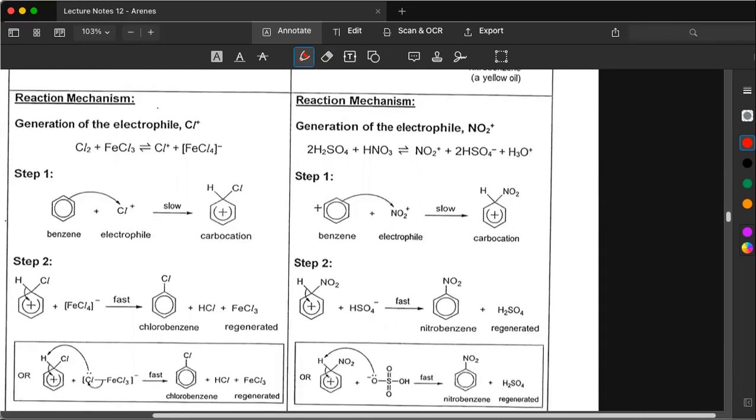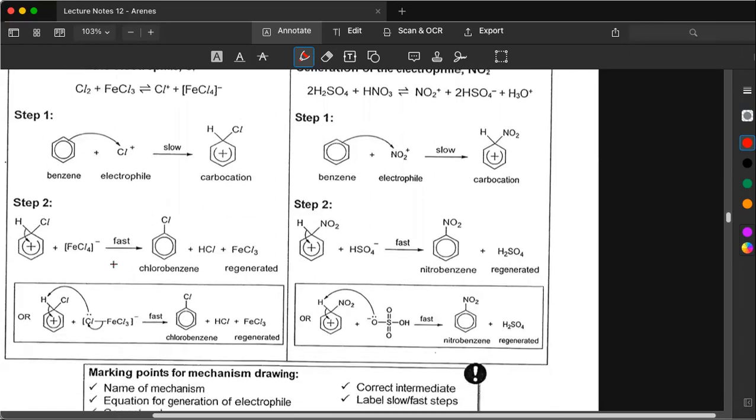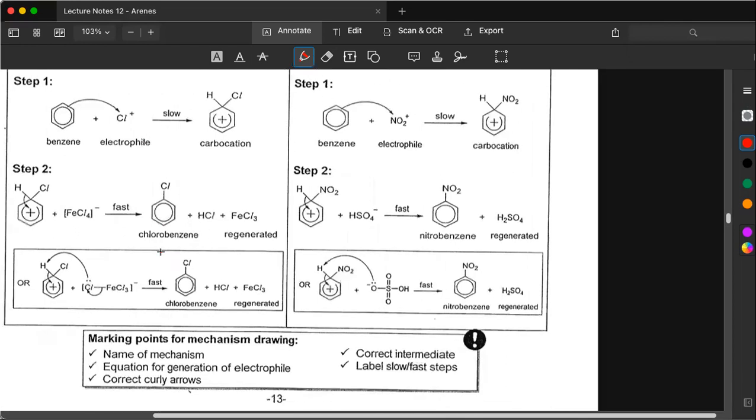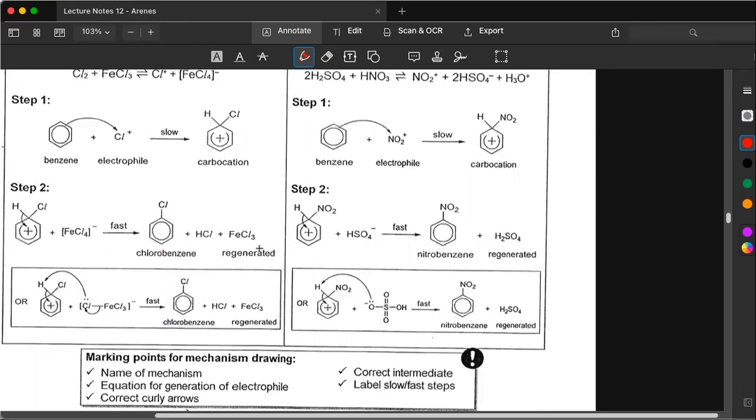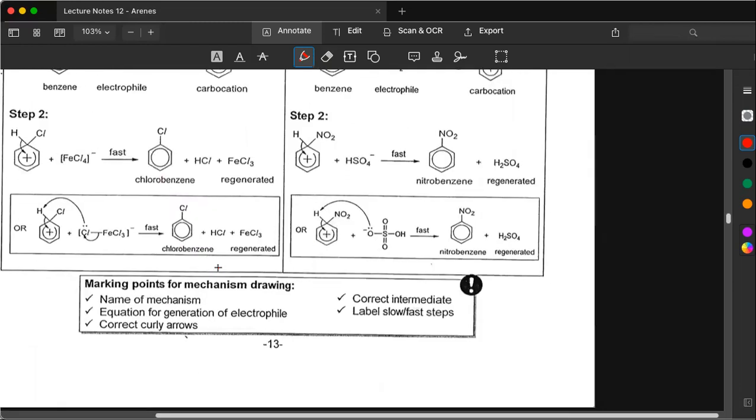But looking at step one, it is really very similar. The carbocation intermediate is still formed, and then there's deprotonation as well. So very, very similar. And the regeneration of the catalyst, okay?